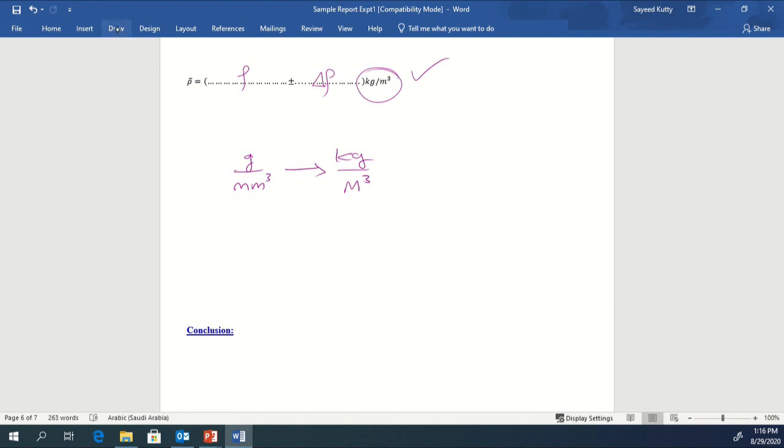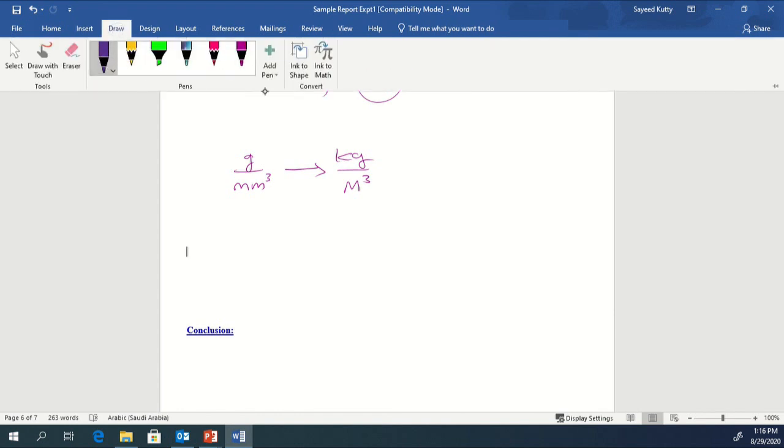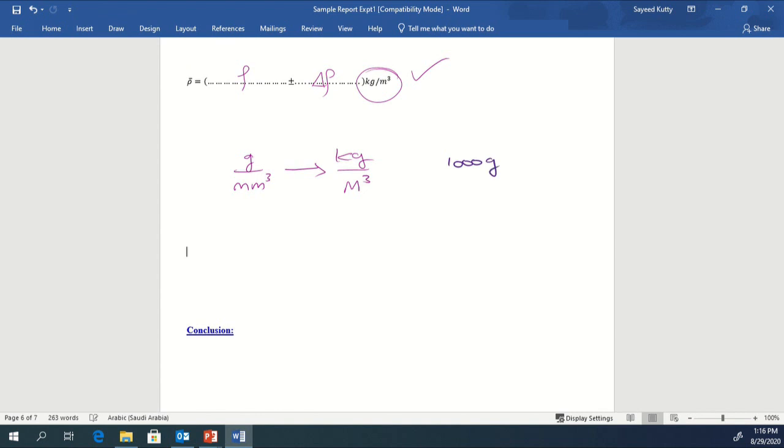You all know that 1000 gram is 1 kilogram, correct? If I divide both sides by 1000, I will get 1 gram is equal to 1 by 1000 kilogram. That means 1 gram is equal to 10 to the power minus 3 kilogram. Am I right?